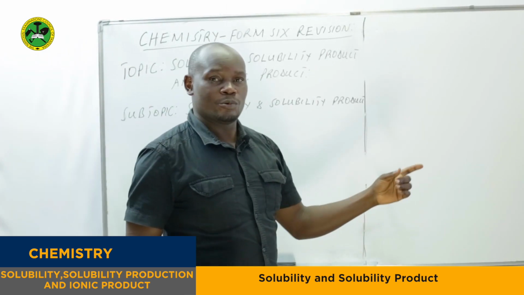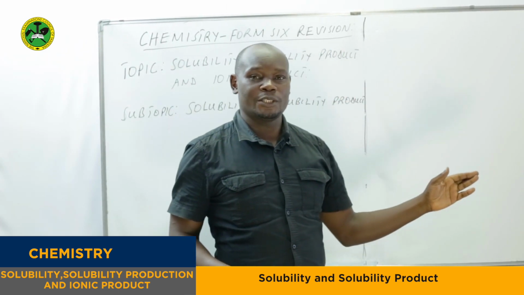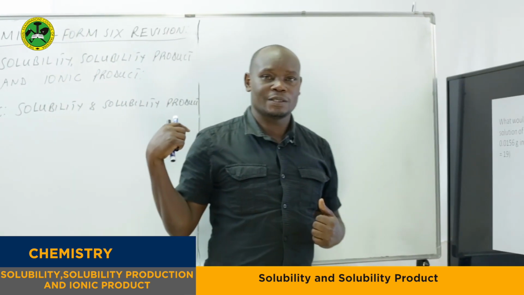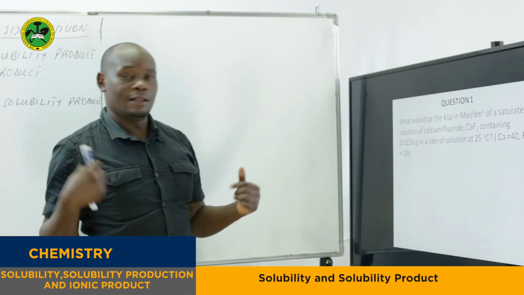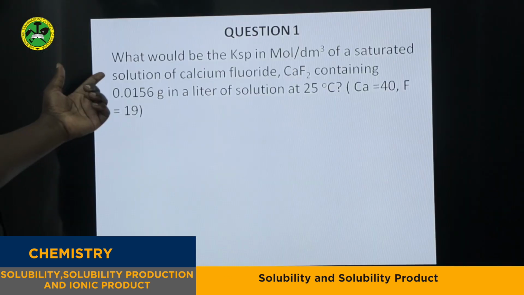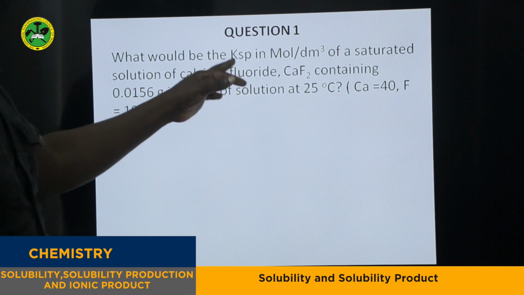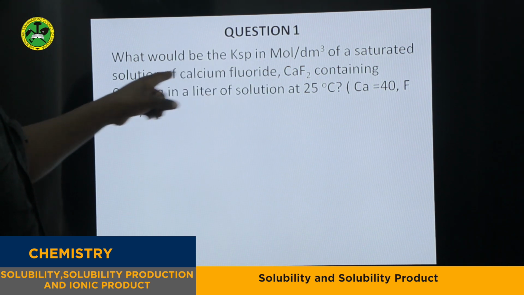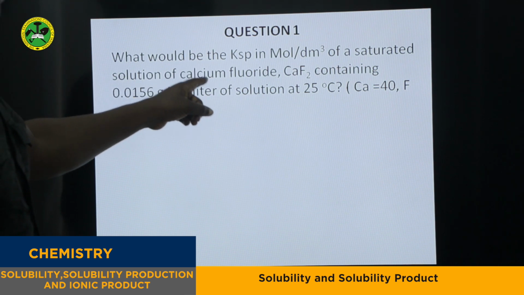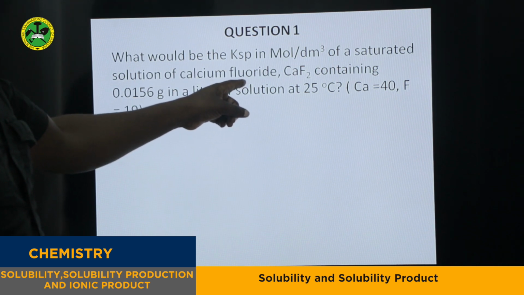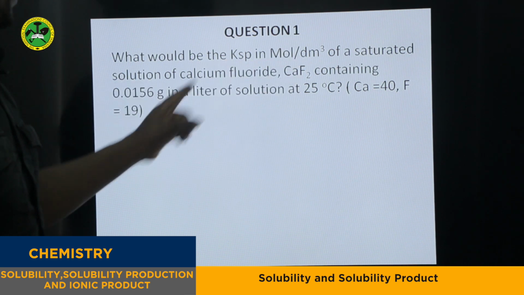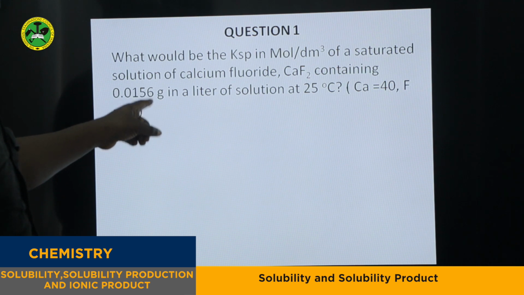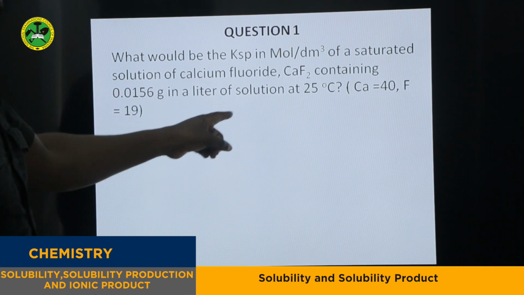Welcome back now to solving some of the questions that we need to consider in this subtopic that you have discussed. The first question is: what would be the Ksp, in moles per decimeter cubed, of a saturated solution of calcium fluoride containing 0.0156 gram in a liter of solution?